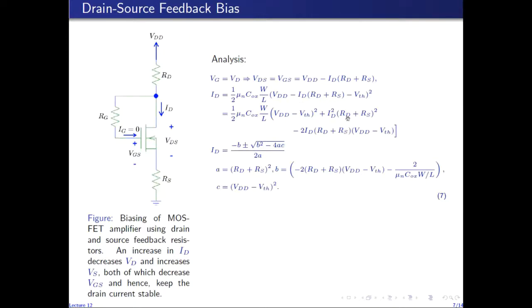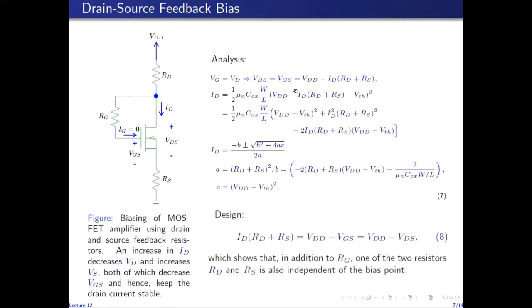So again, you can open up the square, and you'll get a quadratic equation which can be solved using this expression in which A is given by the square of the two resistances RD and RS. This term is B and this term is C. So using one of the roots of this quadratic equation as ID, we can find VDS through this relation.